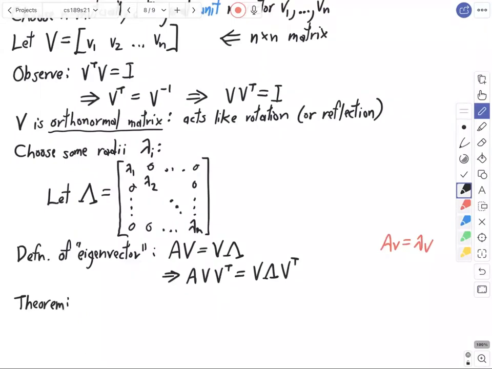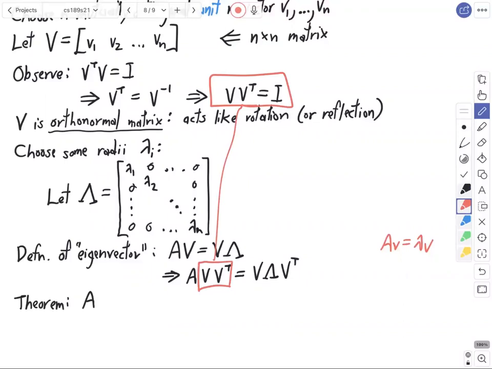Notice that V V transpose, we already said, is just the identity matrix.